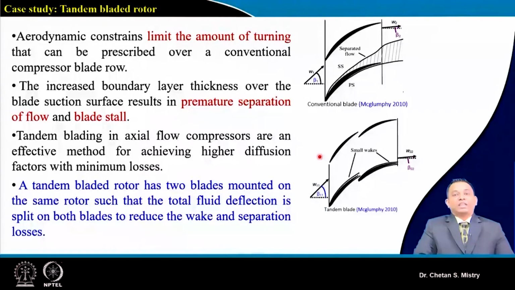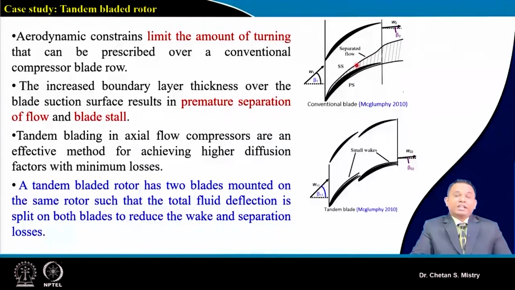Now one more possibility is to increase the deflection angle. So here if you look at, in order to achieve high pressure rise, my delta beta needs to be larger. If we are increasing our delta beta, because of adverse pressure gradient, there are more chances for flow to get separated from the suction surface.